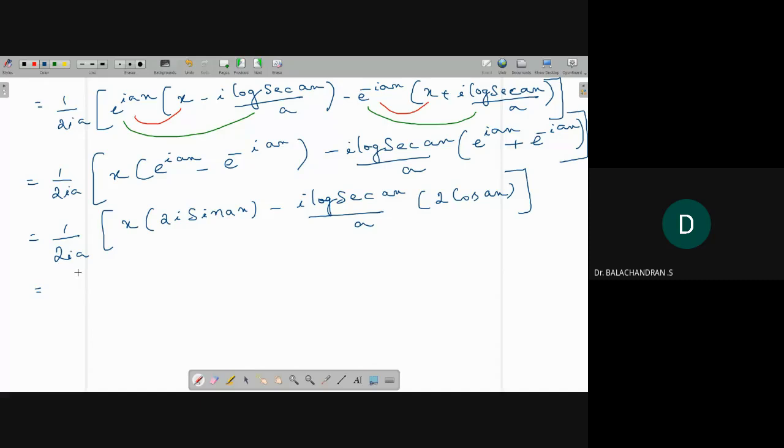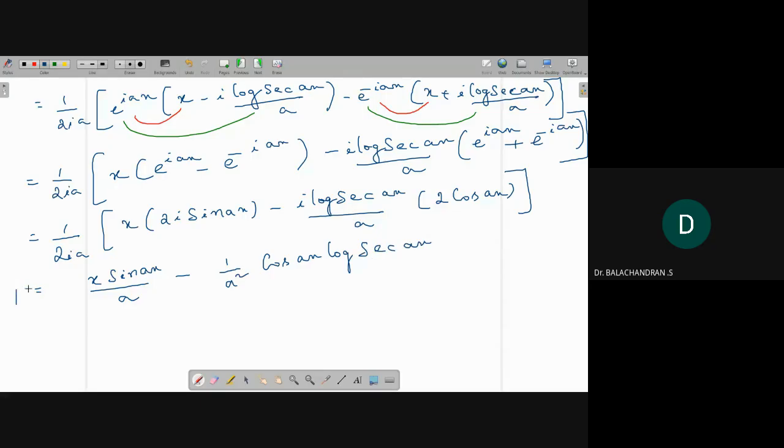1 by 2ia, multiply by 2ia, so 2i gets cancelled. x into sin ax by a, minus 2i gets cancelled, minus 1 by a square cos ax into log of secant ax.